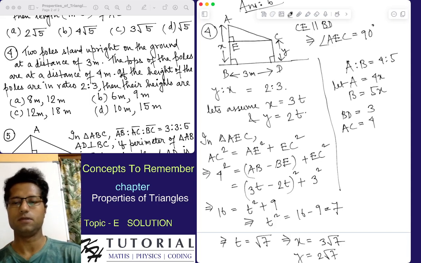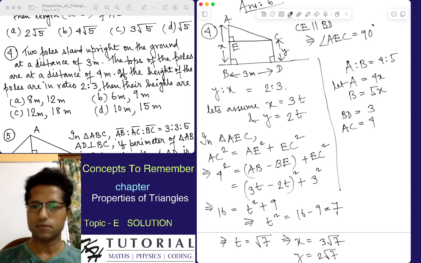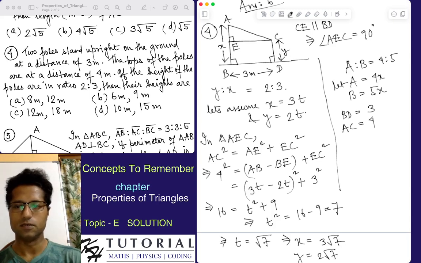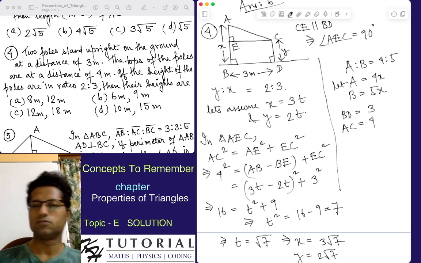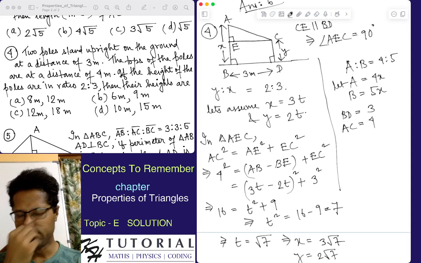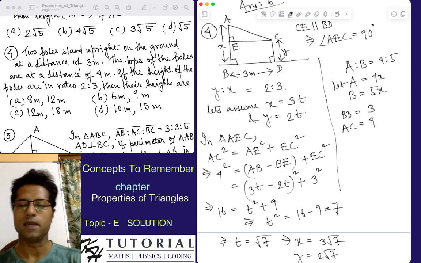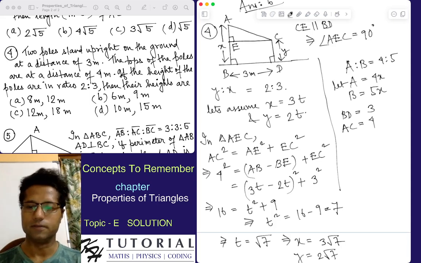So it becomes 3t minus 2t whole square plus EC square, where EC is 3, so it becomes 3 square. Okay, so this becomes t square plus 9. 16 equals t square plus 9. So t square is 16 minus 9, which is 7.